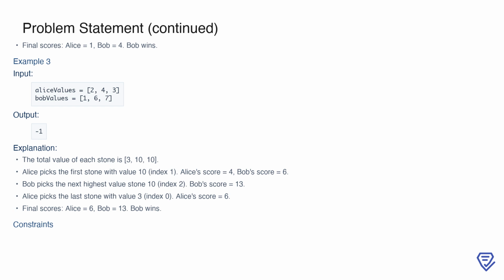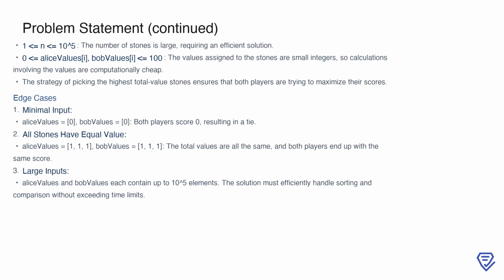Bob then picks the remaining stone with a total value of 10 at index 2, adding 7 to his score. Finally, Alice picks the last stone with a total value of 3, adding 2 to her score. The final scores are Alice with 6 and Bob with 13, so Bob wins the game, and the output is -1.